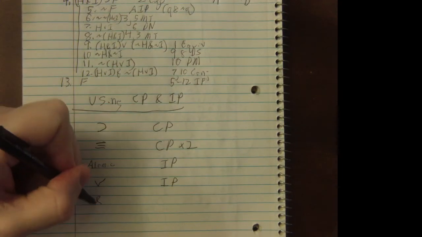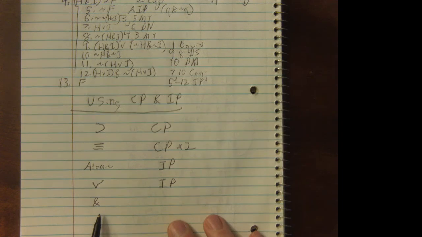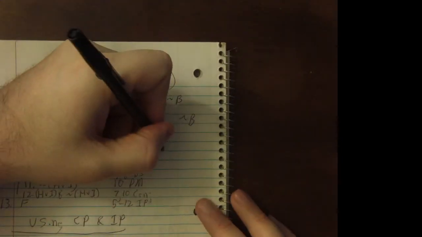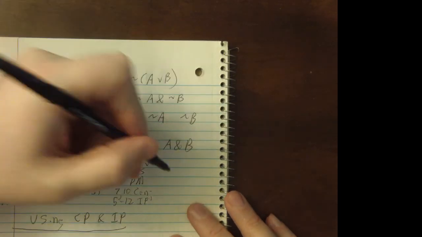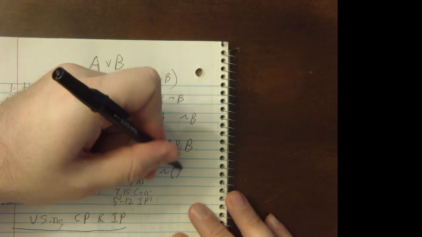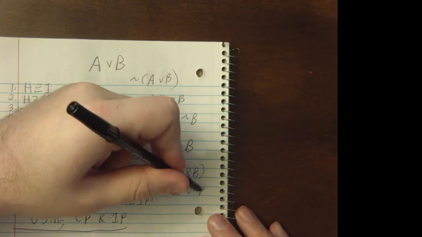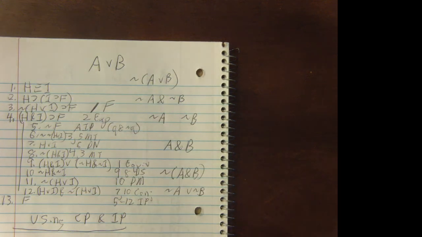What about and? You don't want to use an indirect proof immediately with and. Why? Because if I have A and B, what's its opposite? Not both A and B, which is the same as not A or not B, which is rarely useful.